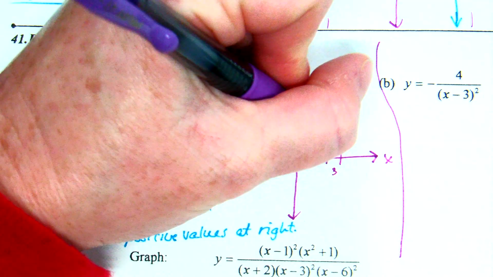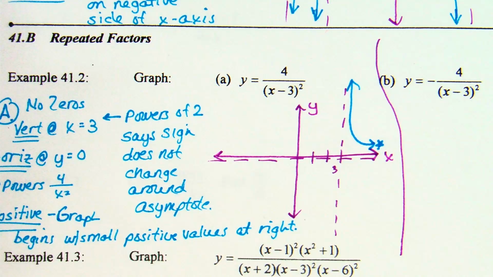What's the only thing that's different about B? There's a negative. And so that's just going to tell me to start with negative, right? So x-axis, y-axis.